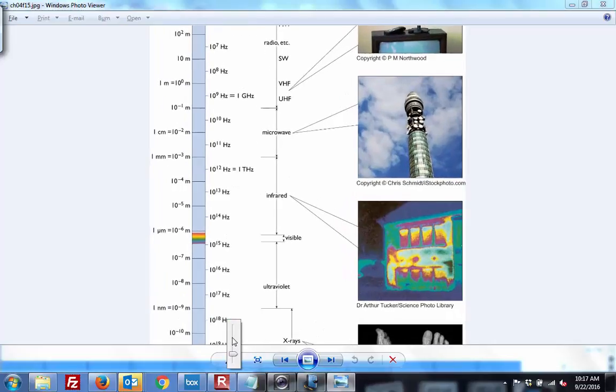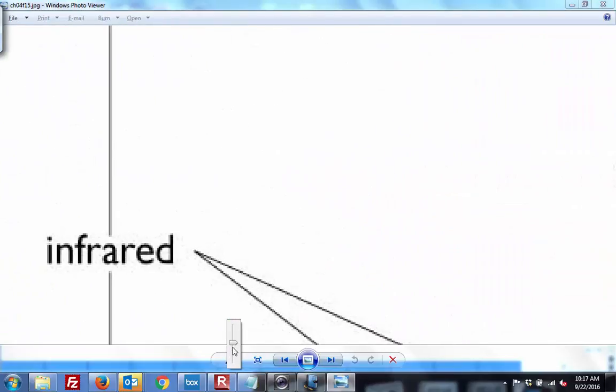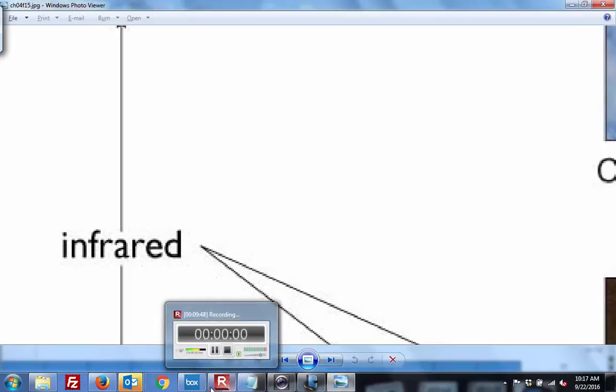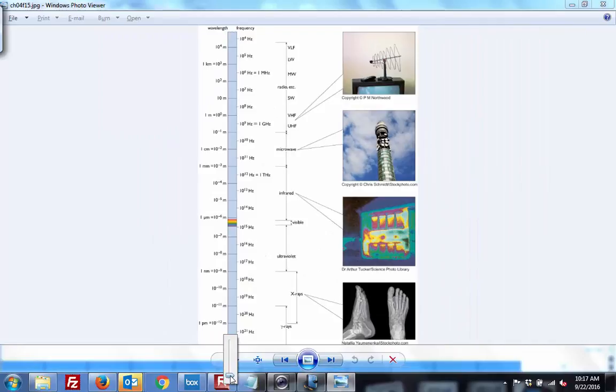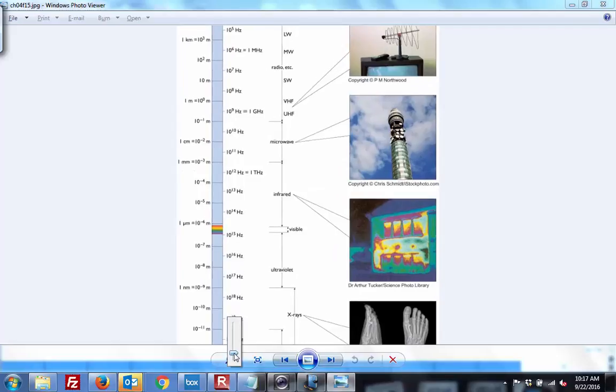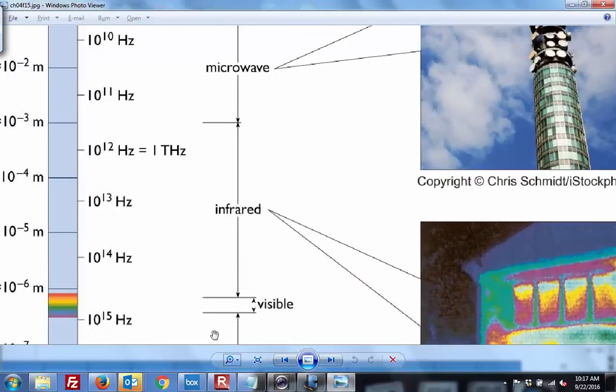Get this guy under control here. So we've got wavelength on this side, and let's just remember, on the left we've got wavelength, on the right we have frequency. So we'll zoom into green.